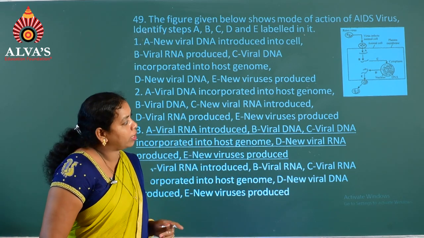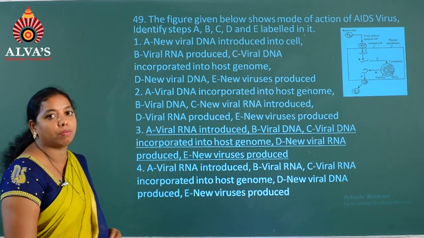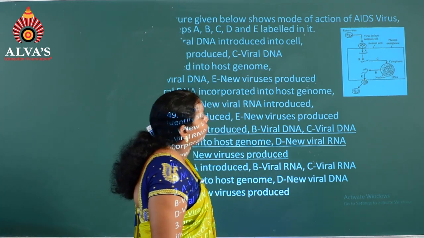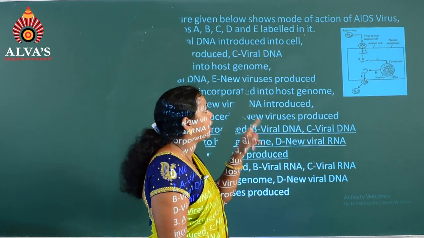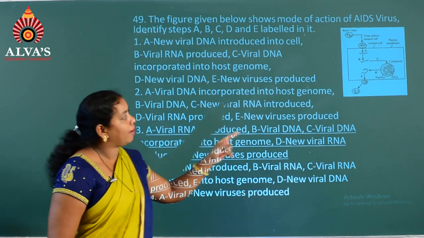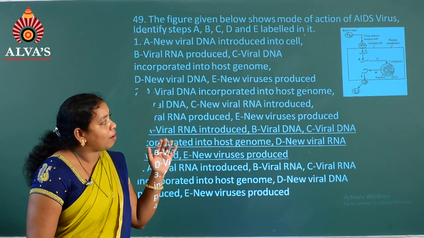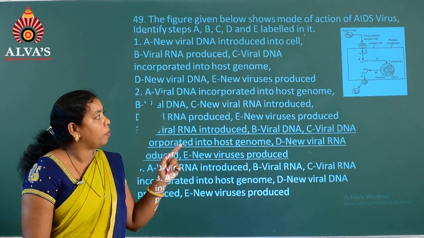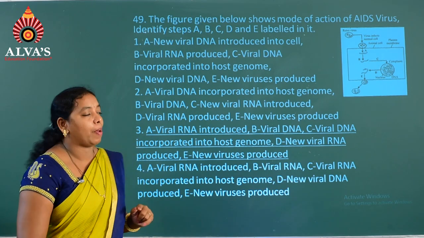Based on the diagram given in the slide, we have to identify the correct sequence of the options. In the diagram you can see the HIV virus with a protein coat, which enters the host body. When it comes in contact with the host cell, it releases the viral genome from the protein coat into the host cell.